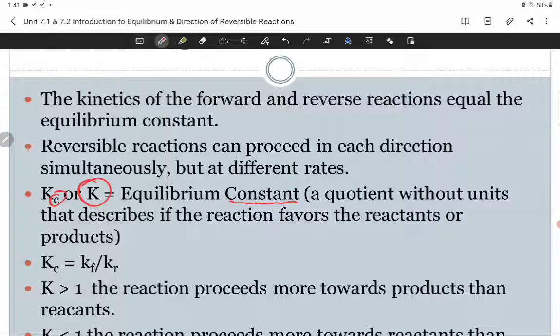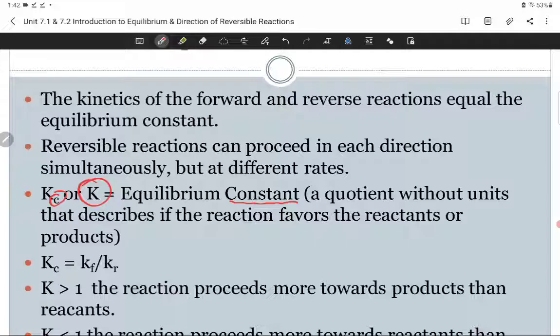Some people even go a little further and use Ka for acids, Kb for bases. There's all kinds of different Ks. You might even find a textbook somewhere that calls it Keq. But any of those, they're all the same. Well, we will find one difference as we move forward.